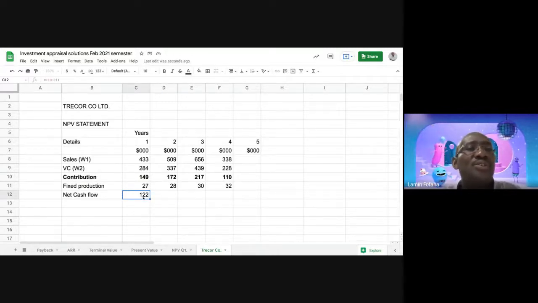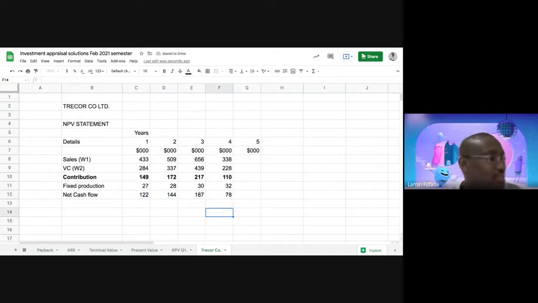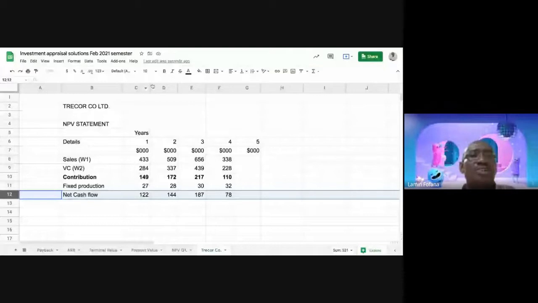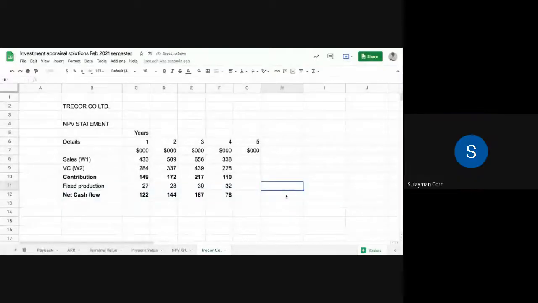It is the contribution C10 minus C11. Then we just replicate. So we'll have our net cash flow as 122, 143, 187, and 78. Are we all together? So far, so good? Yes. Okay.